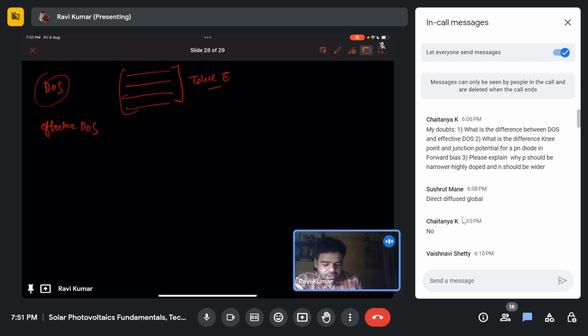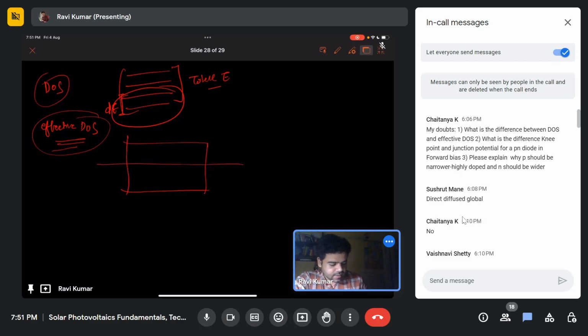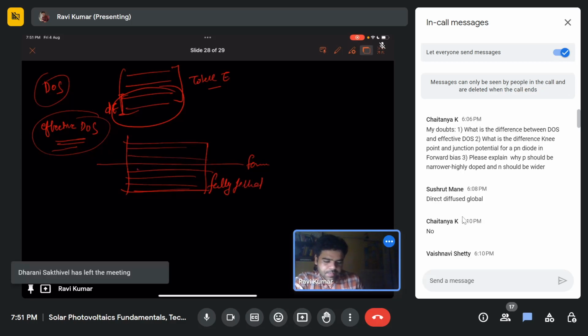If we say effective, we are integrating over some energy dE. Somewhere is the Fermi level, and these states are fully filled and these are empty.